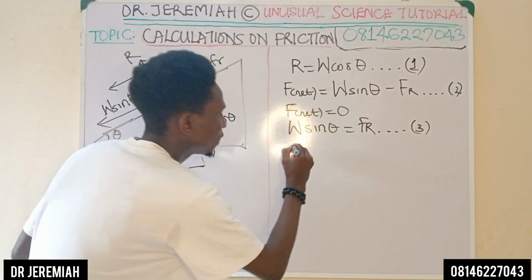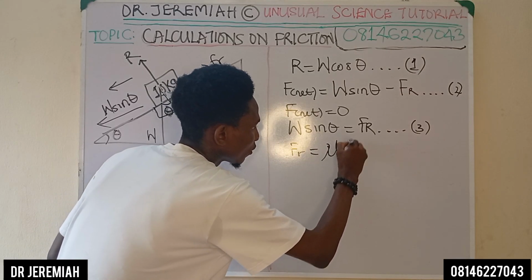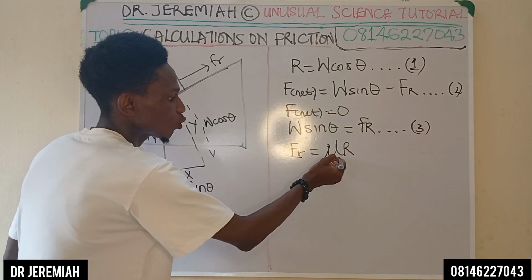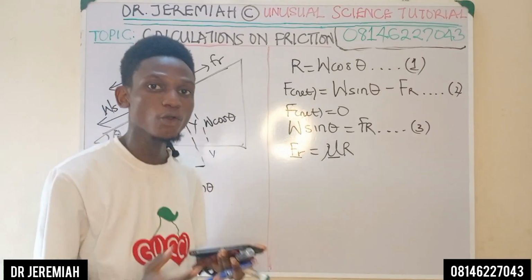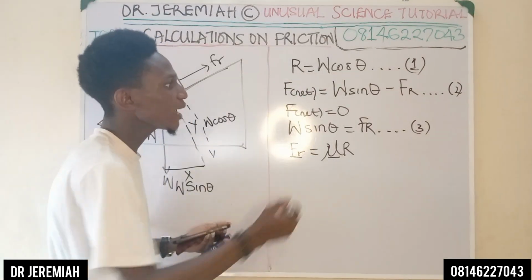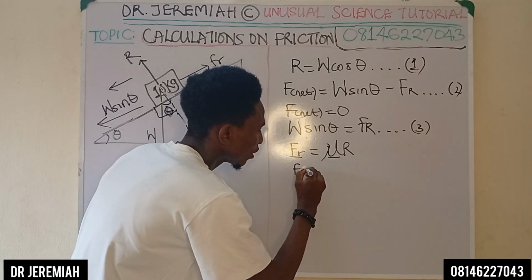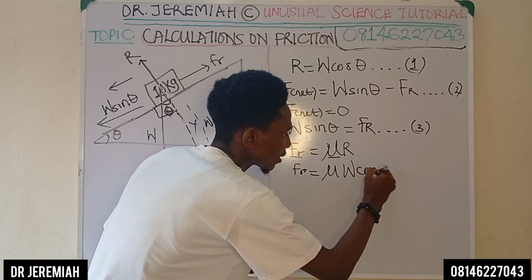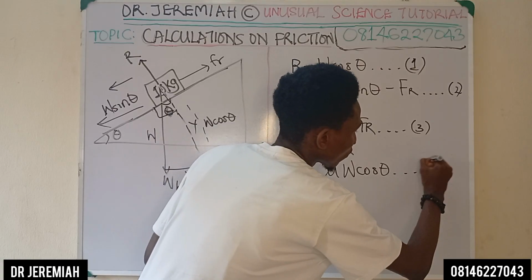So remember that frictional force equals to mu R, that's coefficient of friction times reaction, and this is frictional force. So this is coefficient of friction. Now there's something we can do here, because when we use it for your solving, remember that R equals to W cos theta. So we can replace R here now with W cos theta. You save your time in the hall. You can call this equation 4.